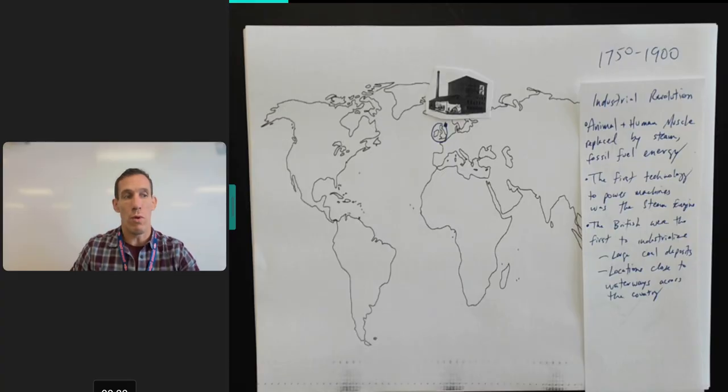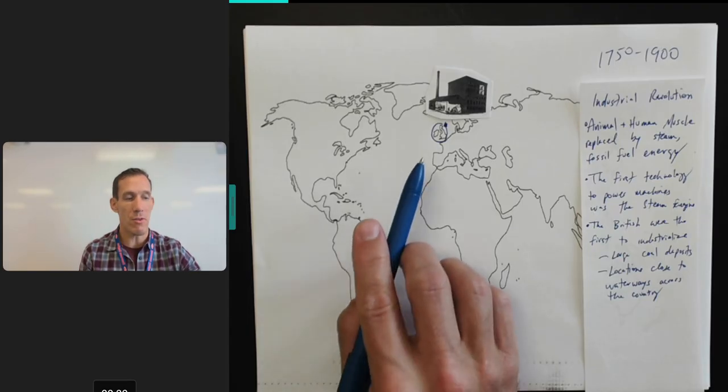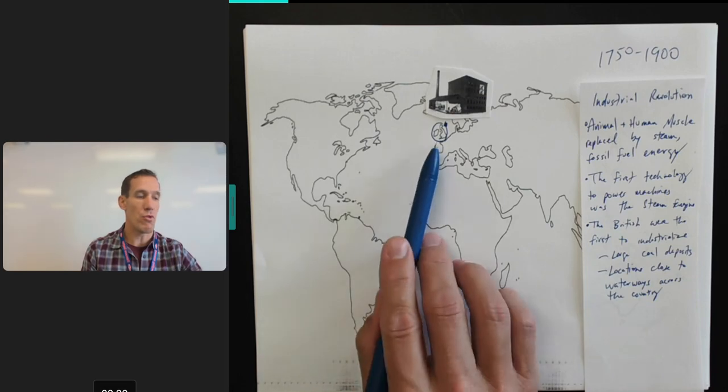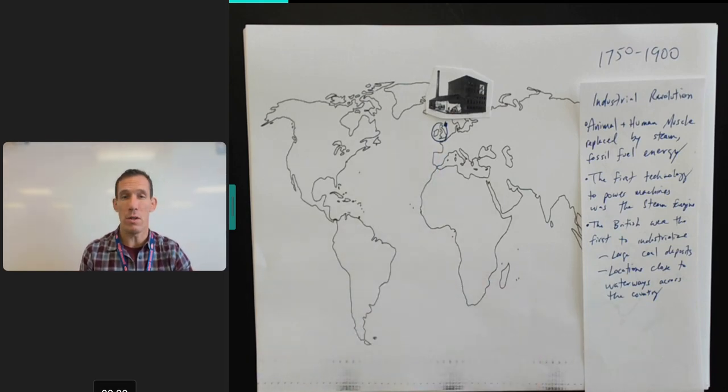Those rivers were able to transport goods, and were used at first to power some of the factory machinery. Water is also a big part of industry and being able to have factories. So the location along waterways and the large coal deposits are some of the reasons why the Industrial Revolution really starts and centers in Great Britain. Those are some key things you need to know about the start of the Industrial Revolution.